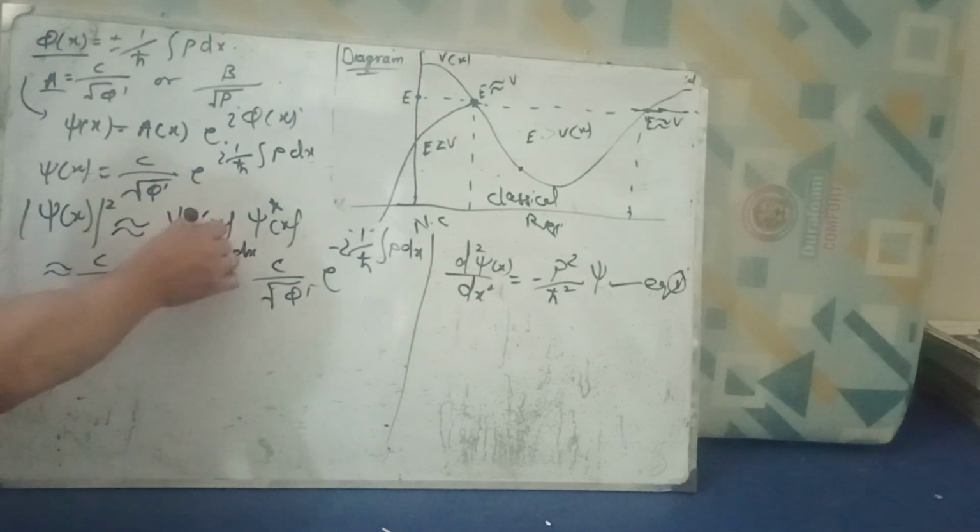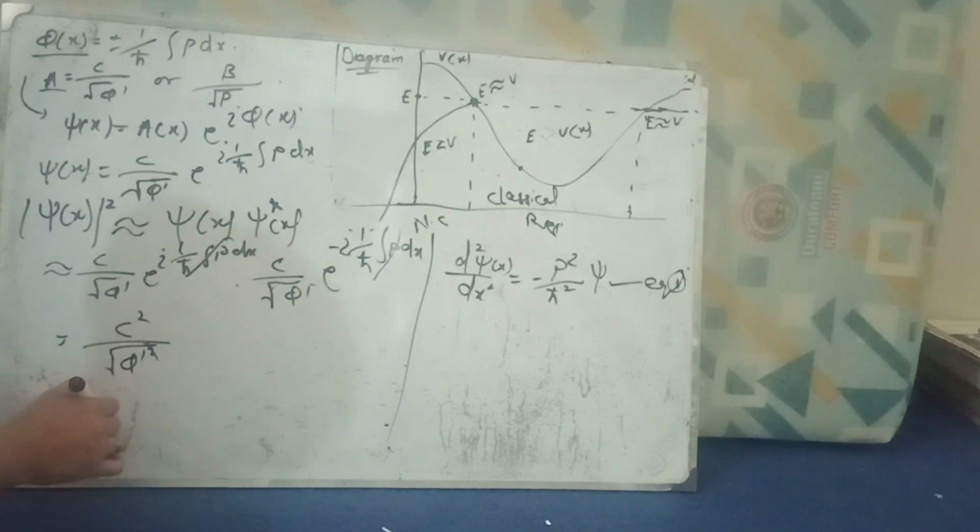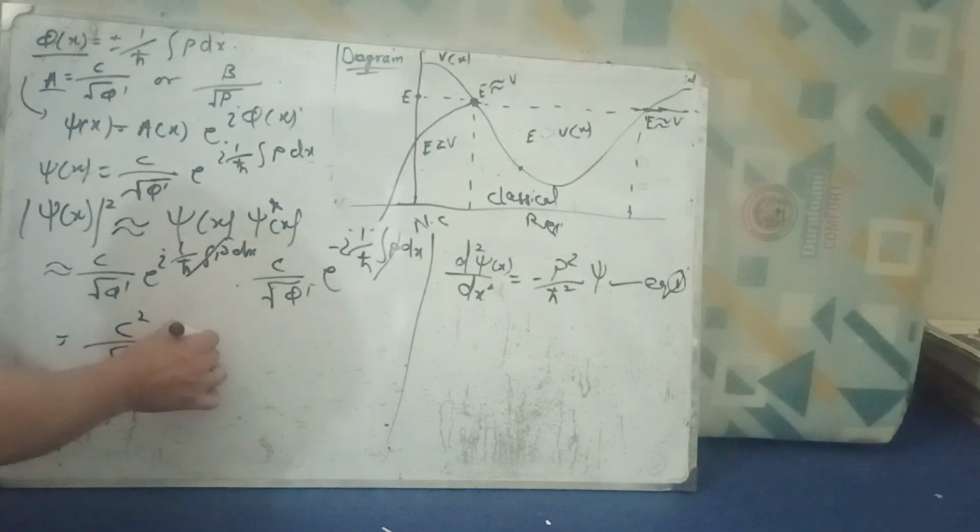So this will be cancelled with this. This is phi prime square root, and this will be cancelled. C square divided by phi prime.